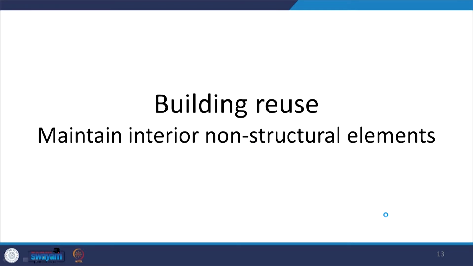The same thing is there for the non-structural elements. Here we were talking about columns, beams, the structural walls, the load bearing walls, and the building envelope. When we are talking about the non-structural elements, we are talking about reusing elements such as the ceilings or the partition walls, the false ceilings, the doors.